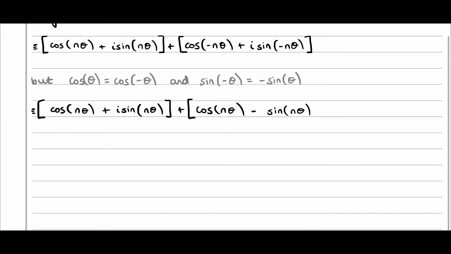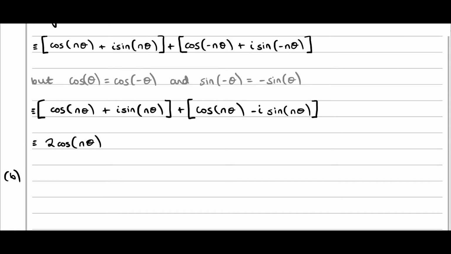And don't forget, we've still got this i. And if we simplify all this, cos n theta plus cos n theta, that's 2 cos n theta. i sine n theta minus i sine n theta, that's 0 sine n theta. So that's the result we wanted to show.